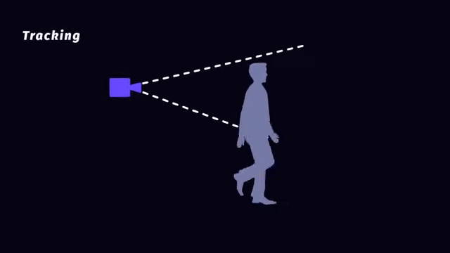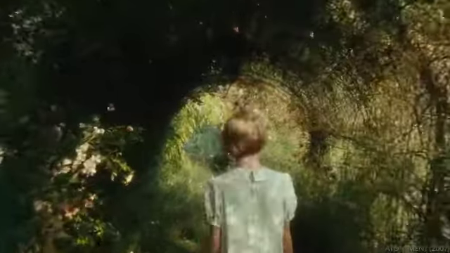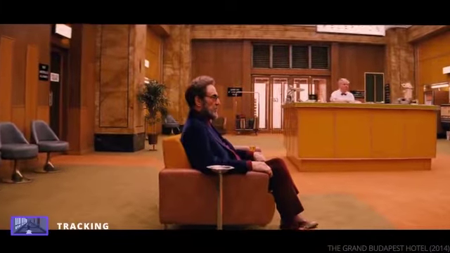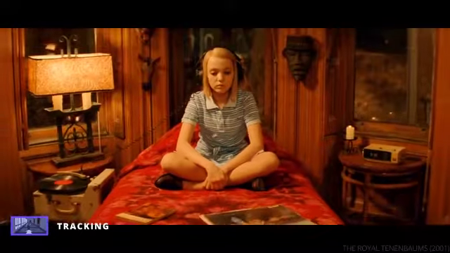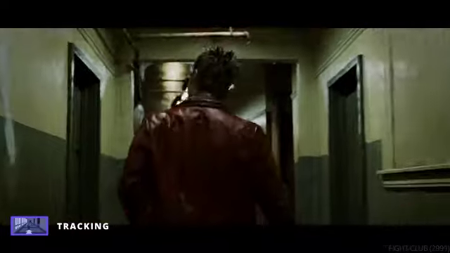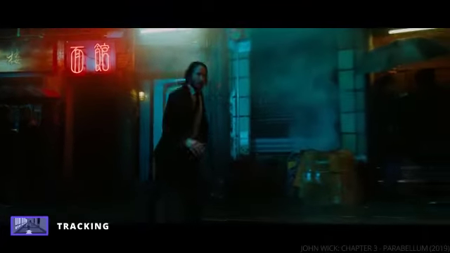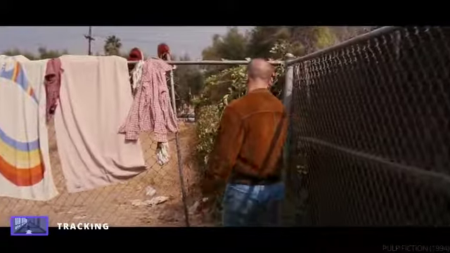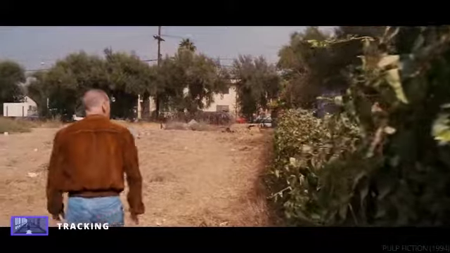We can talk about tracking. This is when the camera moves. Tracking can be done on wheels or with the Steadicam. I will explain it a little bit later. It creates a smooth sense of following the character, going along with him, a descriptive role, presenting the scenery. It's dynamic.